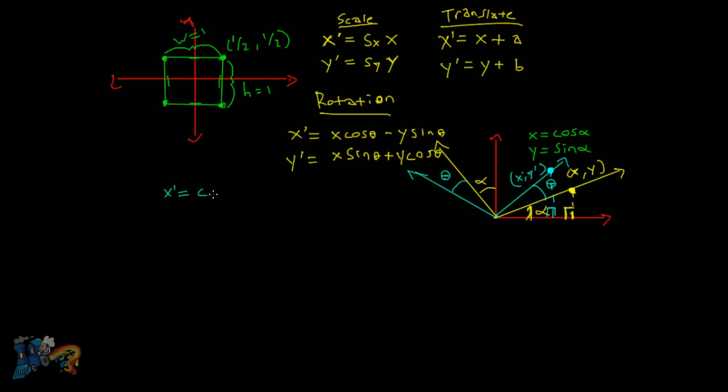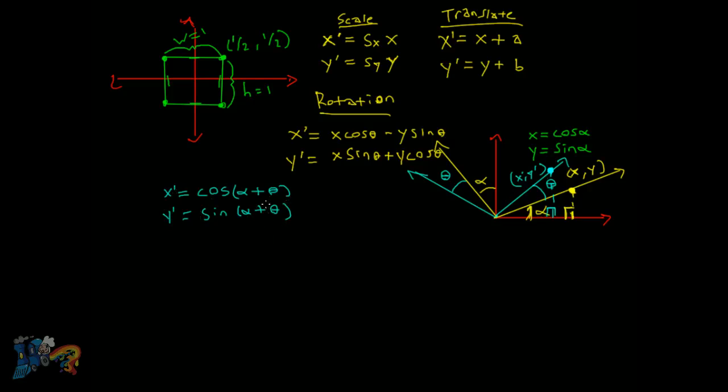So that would mean that we get simply x prime is cosine of alpha plus theta, right? If we go the whole angle and then we take the cosine of it, we get this x value right here, which means that y prime is equal to the sine of alpha plus theta. Simple. Cool. So we have this.